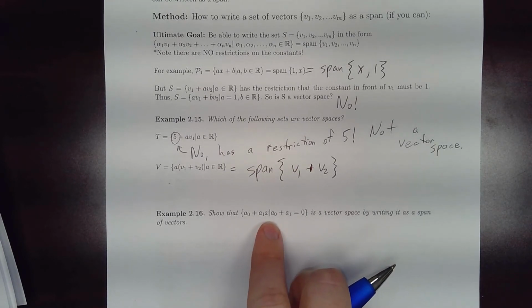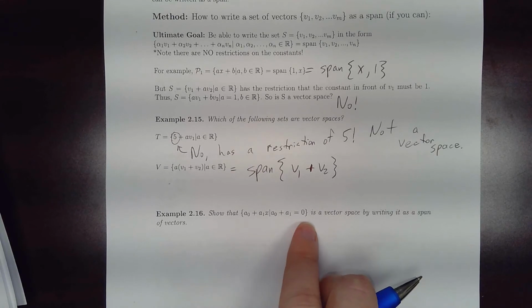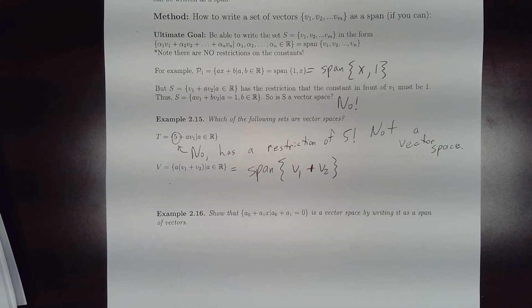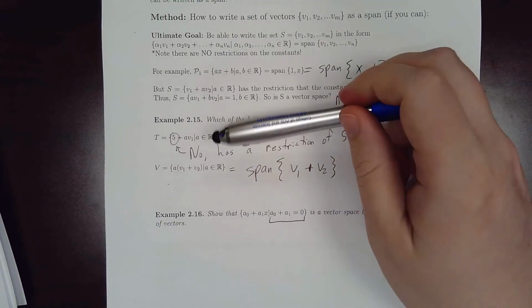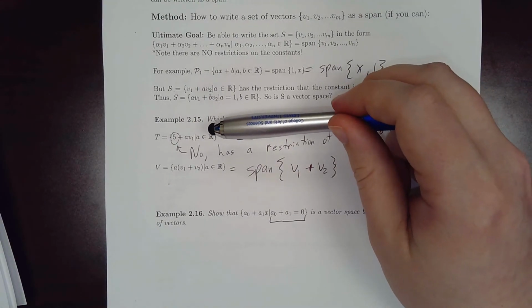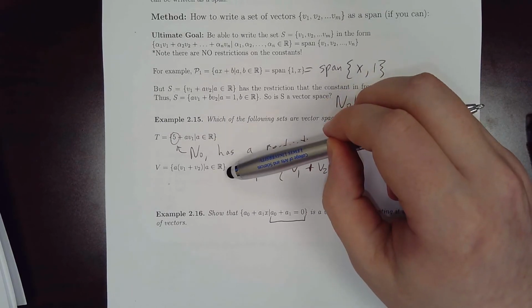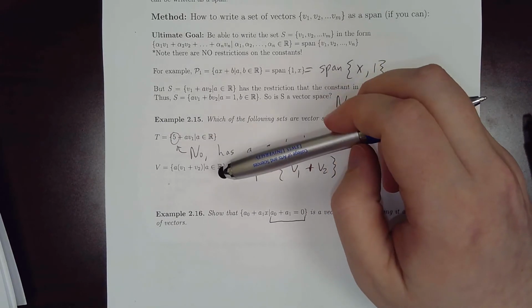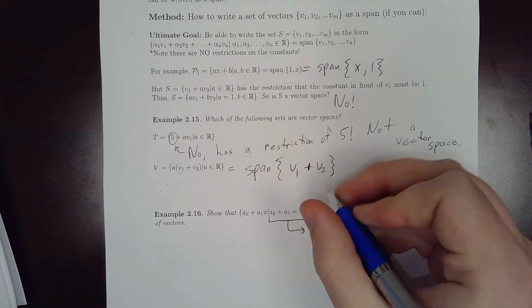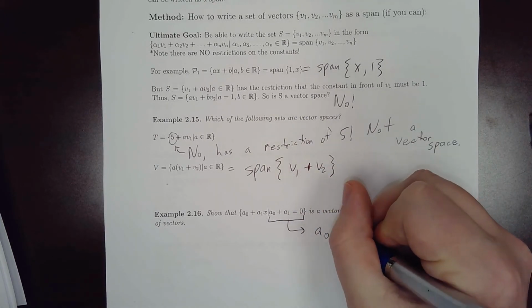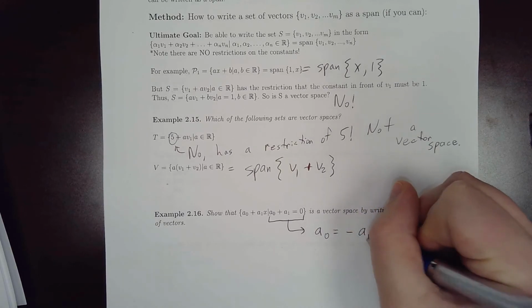So we want to show that a0 plus a1x, where a0 plus a1 is equal to 0, is a vector space by writing it as the span of vectors. This is something we haven't quite seen before. We're used to saying that our arbitrary constants can just be in the real numbers. Here we have a restriction. So let's rewrite this to say that a0 equals negative a1.